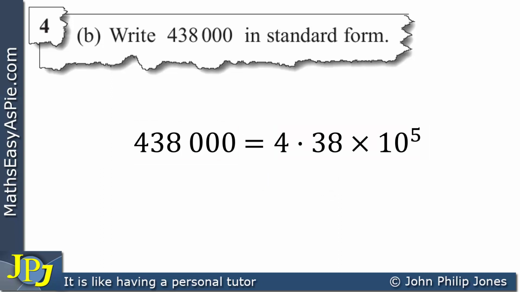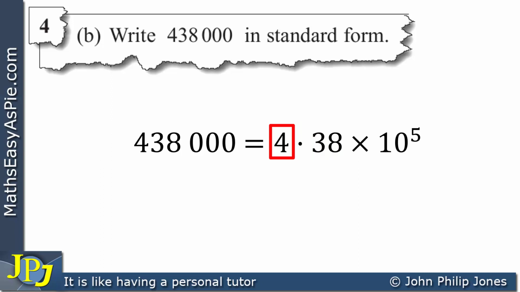So a number in standard form will always have 2 parts. This part and this, where this is always a power of 10. In this case, the power of 10 is 5, 10 to the 5. And this will always be a number that has to the left of the decimal point one figure, not two figures, one figure.